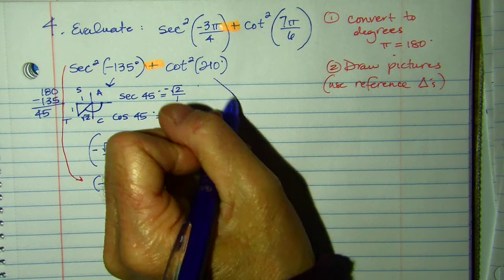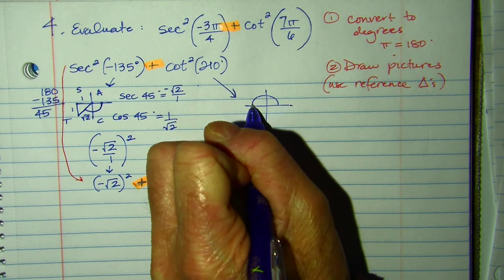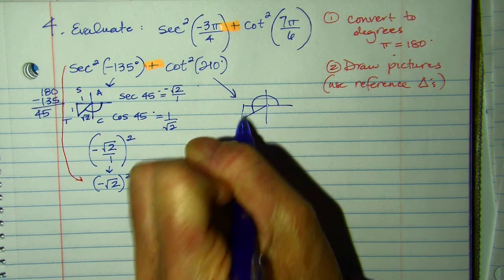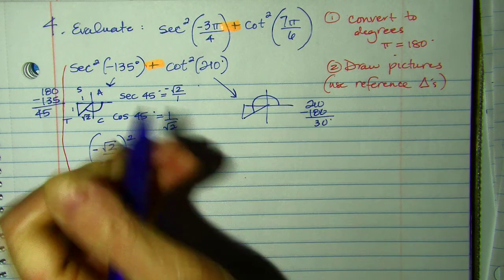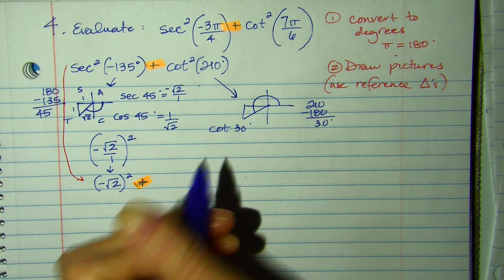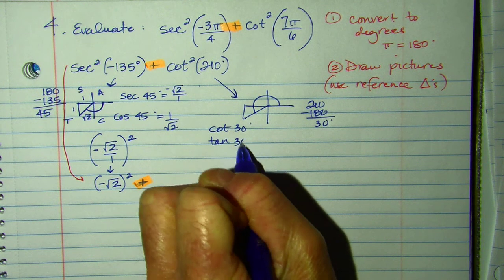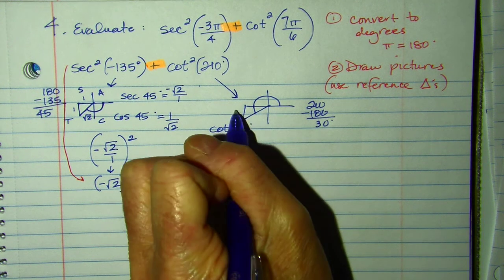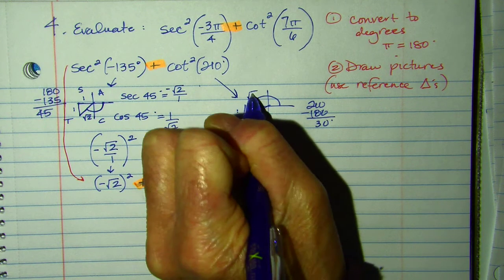Now I'm going to draw this one. Positive 210 would be 180, 210. 210 minus 180 is 30 degrees. So I'm actually evaluating the cotangent of 30 degrees, but I look at who my reciprocal is. My reciprocal is tangent. So the tangent of 30, right, short leg, hypotenuse, root 3.